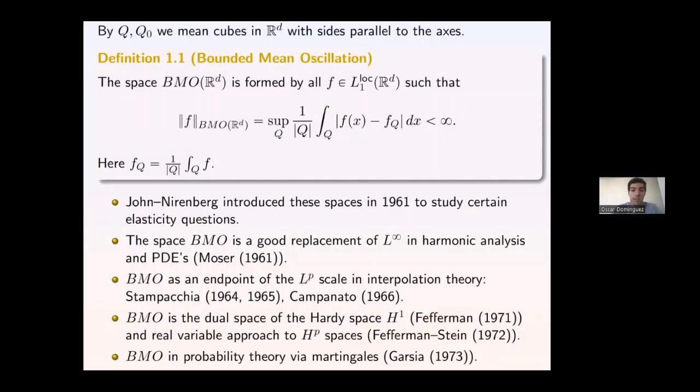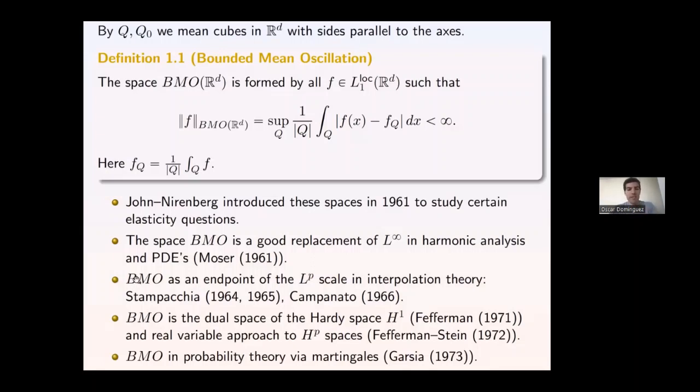For instance, this happens with the Hilbert transform. Everybody knows that the Hilbert transform is not bounded on L infinity, but if you enlarge a little bit the target space, I mean, if you go from L infinity into BMO, then you get boundedness of the Hilbert transform from L infinity into BMO.